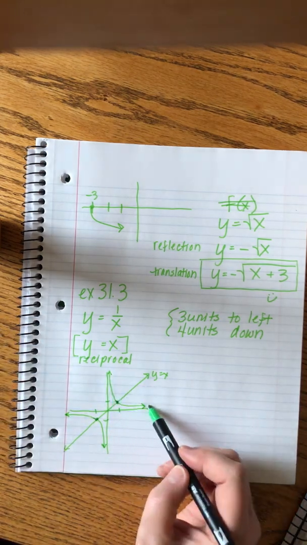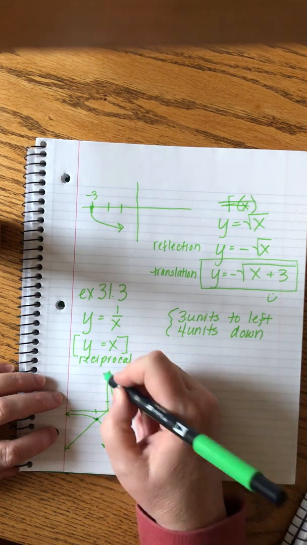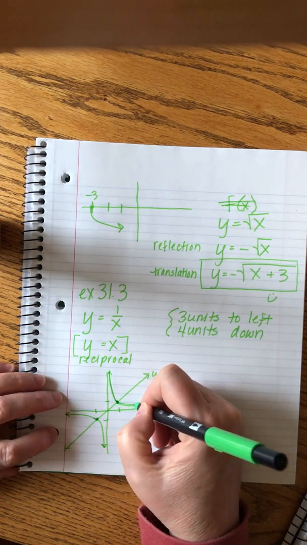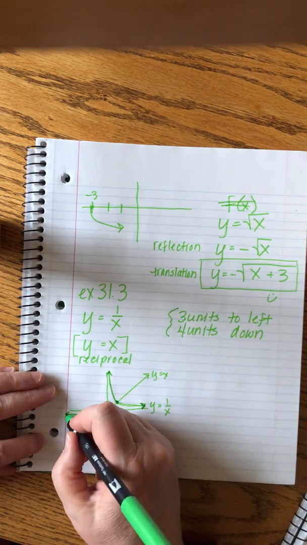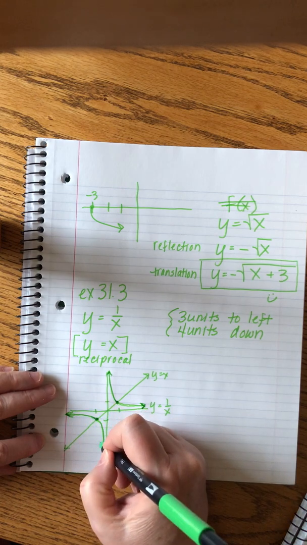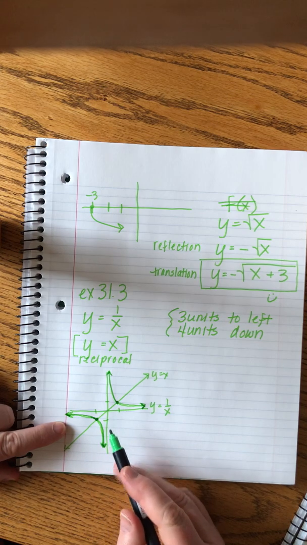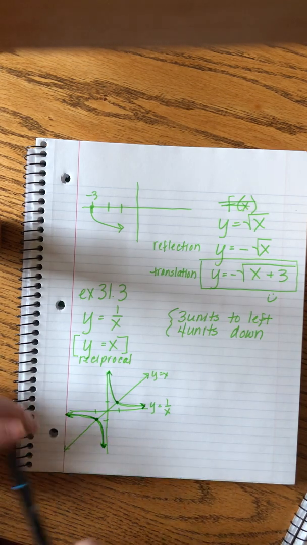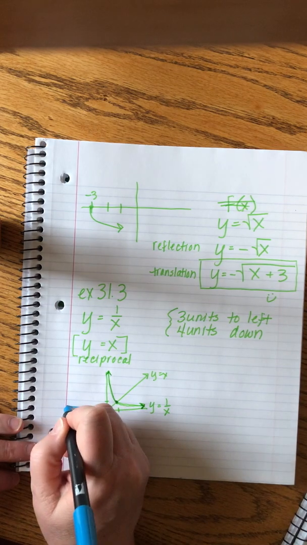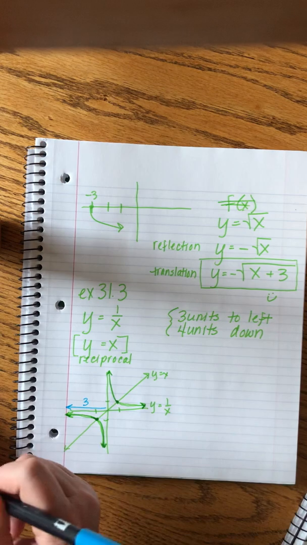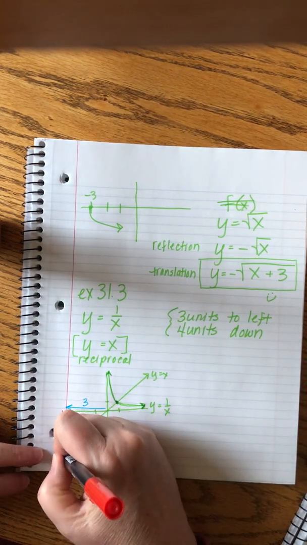So this is the graph of y equals 1 over x. This is the one I'm interested in. The line just helped me find this. But this darker one is the one we're interested in. Now, what we have to do is shift the whole thing 3 units to the left, and then we have to shift it 4 units down.